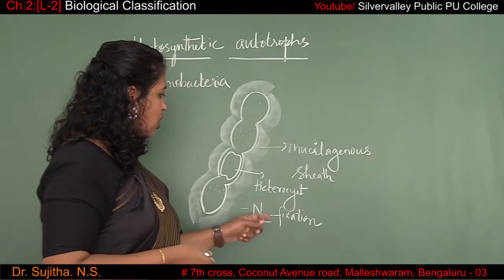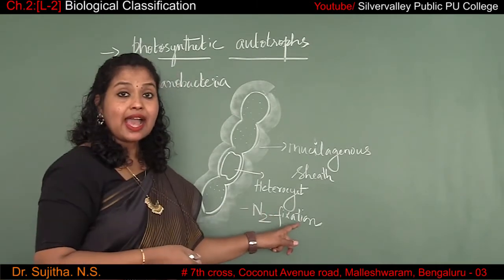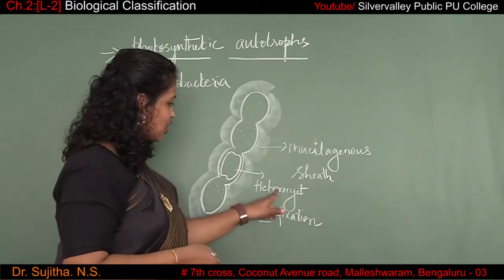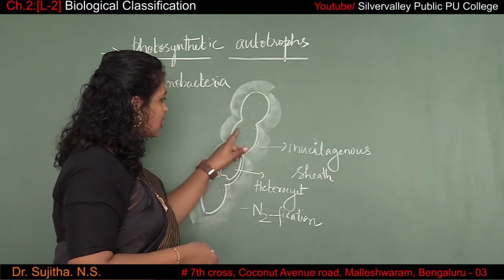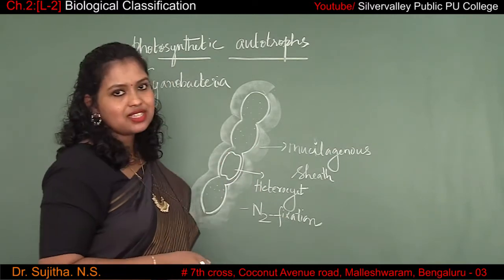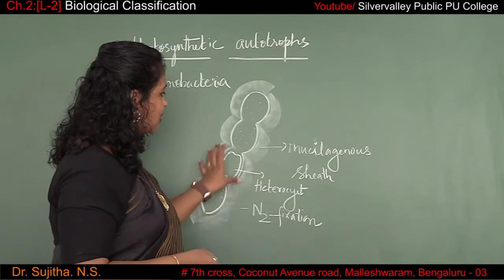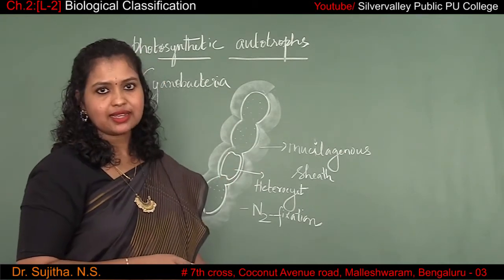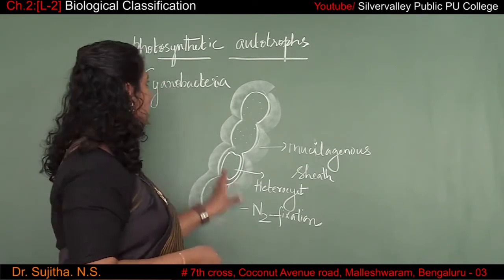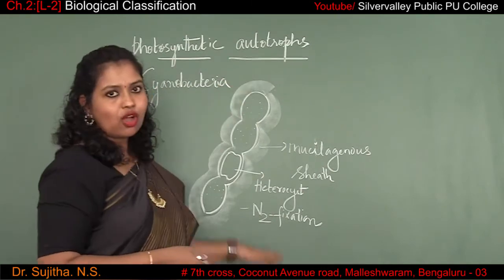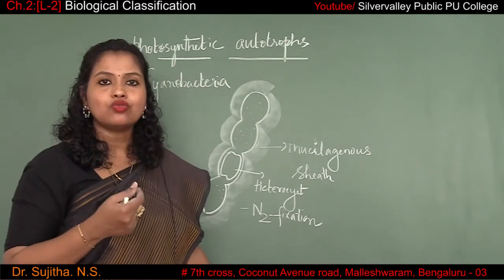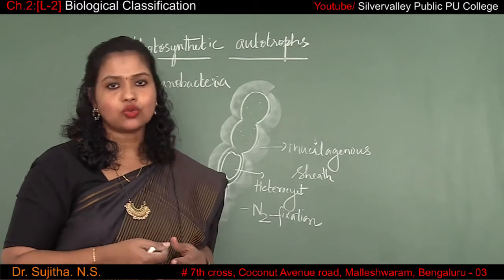So this is called nitrogen fixation, and it is done with the help of a specialized cell called heterocyst, which is present in between the other cells. So this is how a cyanobacteria looks, and this cyanobacteria is a photosynthetic autotroph which can prepare its own food with the help of chlorophyll.